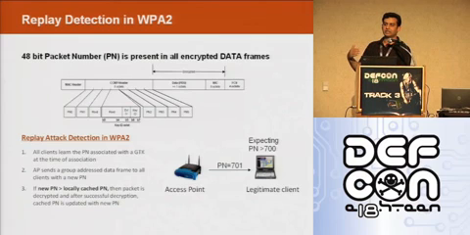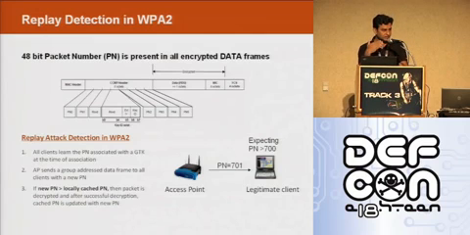The client is going to cache that number, and after that the client expects data frames having a packet number greater than 700. So if I replay a packet which I captured when the packet number was 600, it will not be accepted, because the client will find that the packet number is less than the last successfully received packet, which was 700.